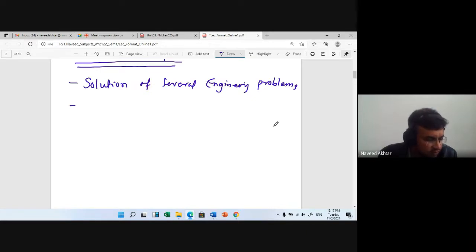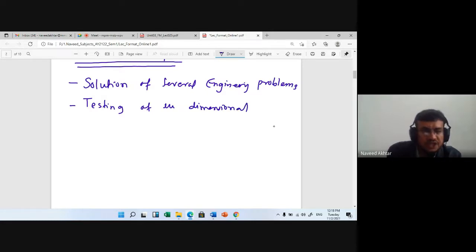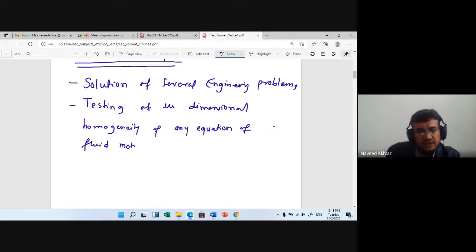Some of the uses of dimensional analysis are testing the dimensional homogeneity of any equation of fluid motion.